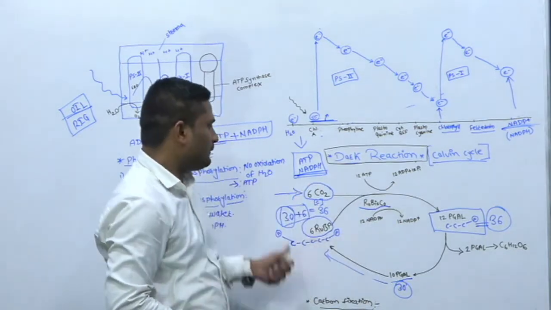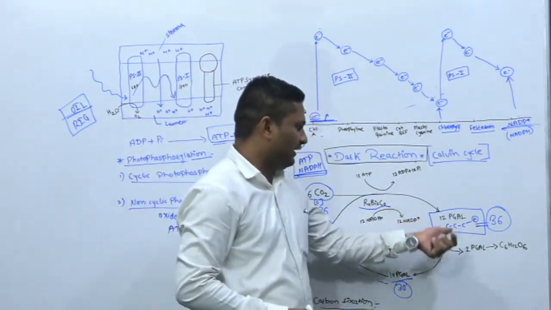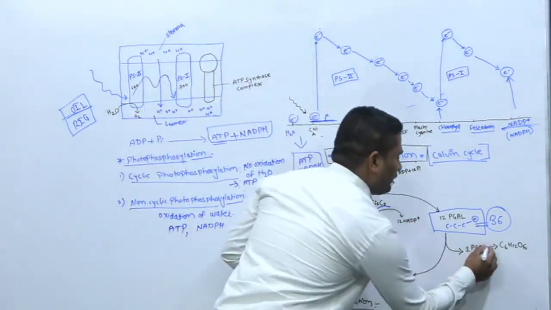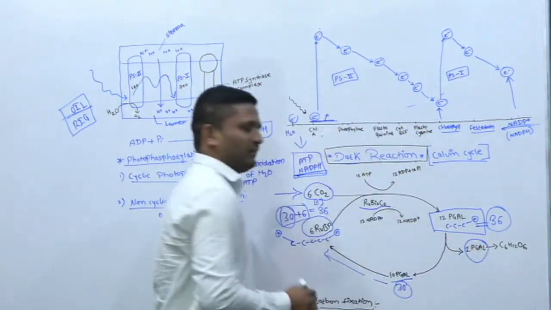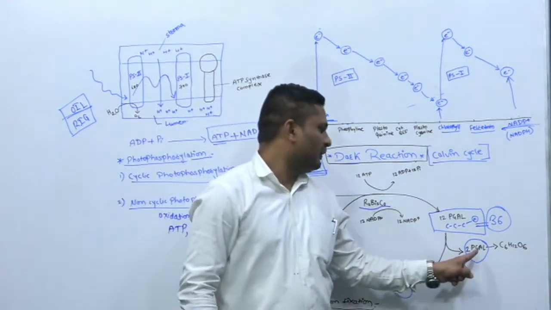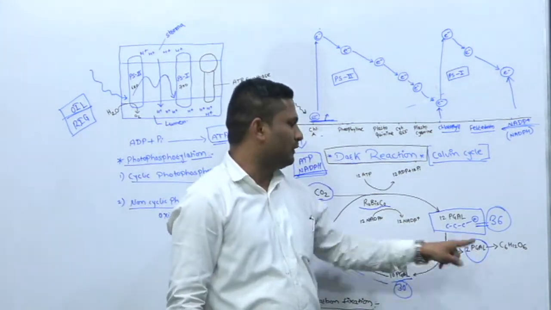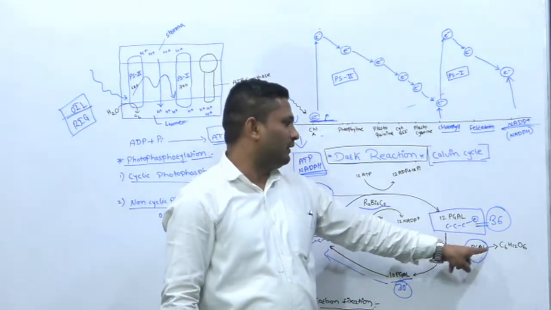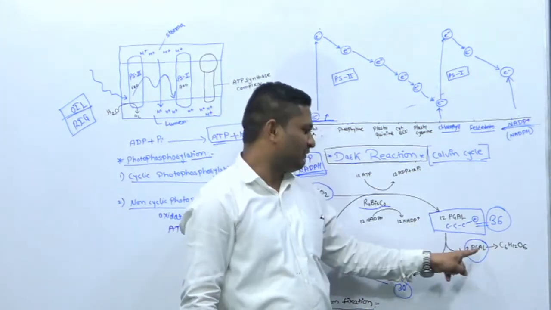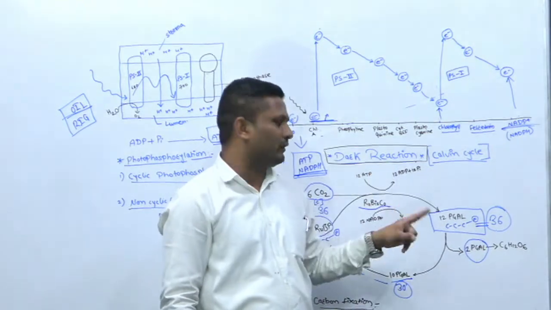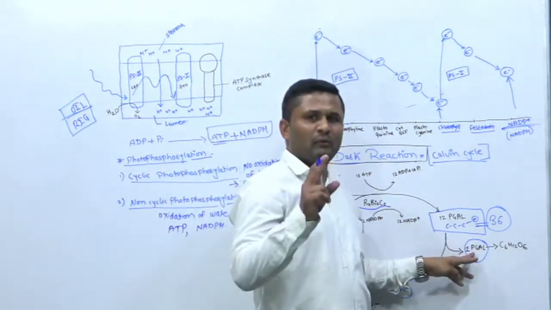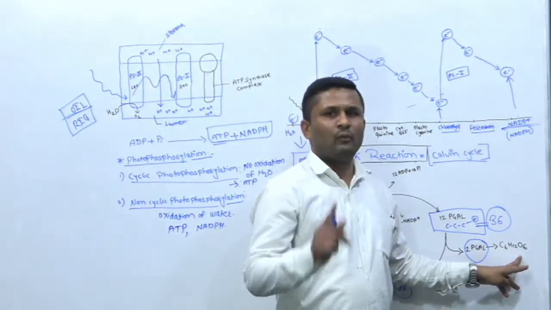Now what will happen to the rest of the PGAL molecules? Only 2 PGAL molecules, or 2 G3P molecules, are left. One PGAL or G3P molecule has 3 carbons, so 2 PGAL molecules can synthesize 1 molecule of glucose.